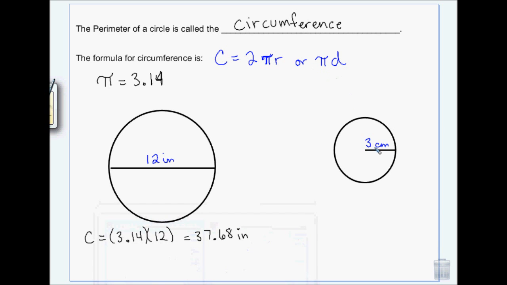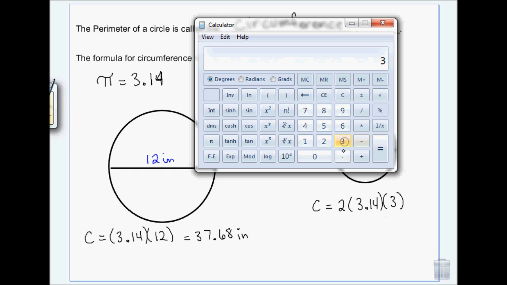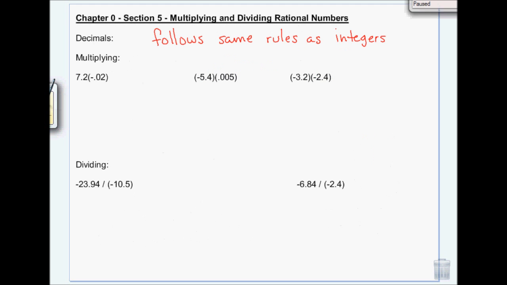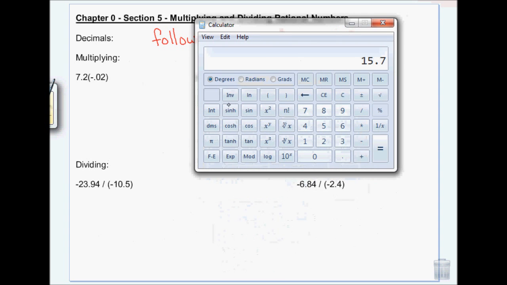If you have the radius, then you use 2 pi r.